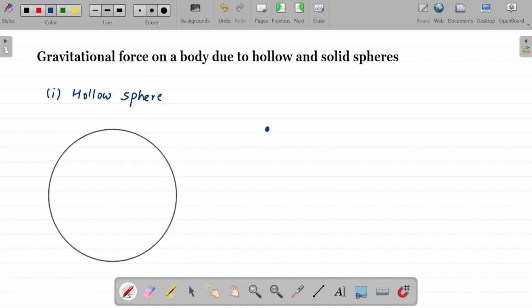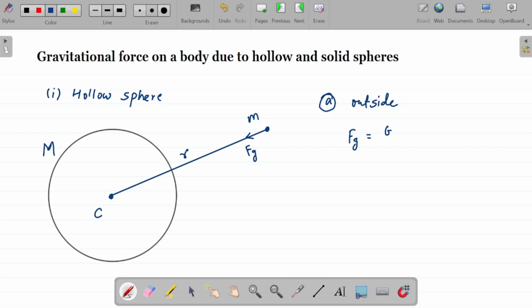Let's say there is a body here with mass m, outside, and this is the center of this hollow sphere, let's call it C. This is the line joining the body to the center of the sphere, and if this distance is r, and the mass of this hollow sphere is capital M, then outside, the gravitational force will be Fg equals G M m by r square.